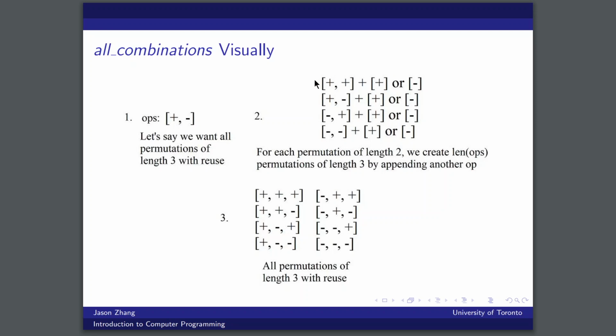So you can see here, plus plus, we can append plus or minus to generate these 2 permutations. Plus minus, we can append plus or minus to generate these 2 permutations, etc. And so therefore we have 8 permutations of length 3 with reuse, which makes sense because mathematically that would be 2 to the 3 permutations, which is 8. So this accounts for all of them.